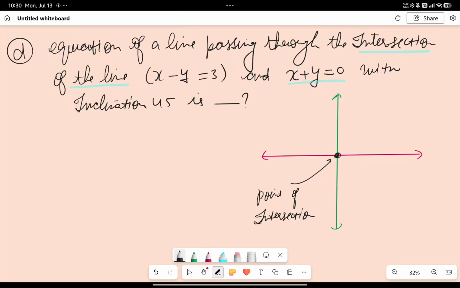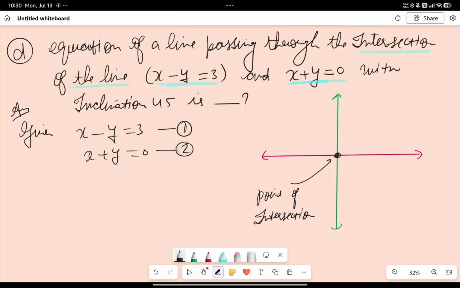Now first we need to find the point of intersection of both these lines, this one and this one. Given x minus y equal to 3, let it be the first equation, and x plus y equal to 0 be the second equation.